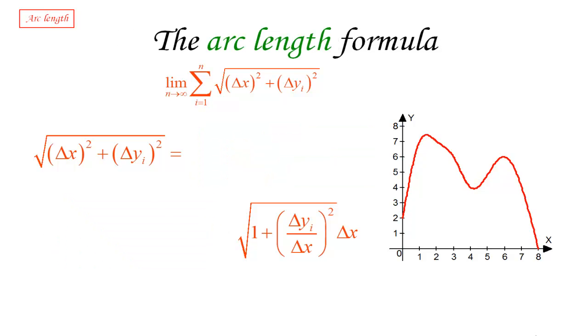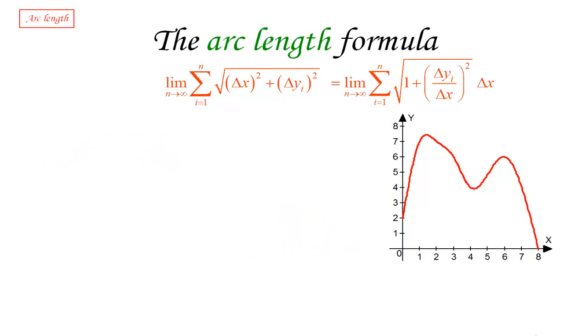Alright, so now the arc length formula is given by the limit as n goes to infinity of the sum from 1 to n of the square root of delta x squared plus delta y squared, but I can write that square root in the new formulation which I've obtained, which does include the delta x. So now I have an expression that looks very much like a definite integral.